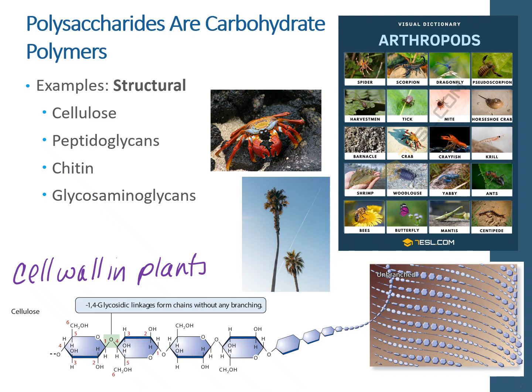Cellulose is really similar to starch and glycogen, except for one key feature. It's still made up of monomers of glucose. It still has that glycosidic linkage. But what's different is that your glucose molecules are lined up in opposite directions. And what we get is this alternating glycosidic linkage.